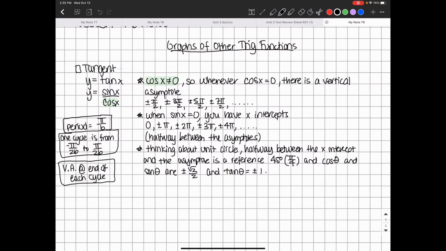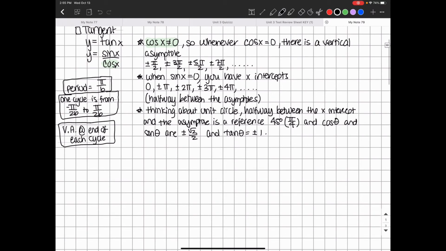Okay. And now I'm going to actually graph the tangent graph. I'm going to start this more in the middle. So here is good, and then I'll draw like this. It's not great. I'm going to count by pi over 2. So this is pi over 2.